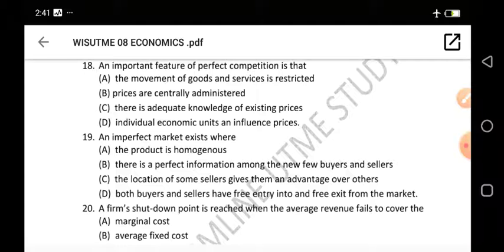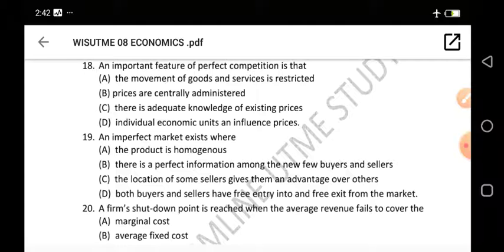B. There is perfect information among the few buyers and sellers. No, that is a good example of a perfect market. C, the location of some sellers gives them an advantage over the others.